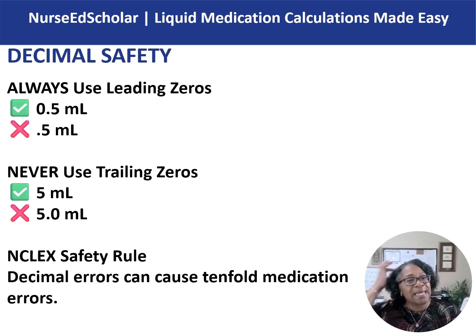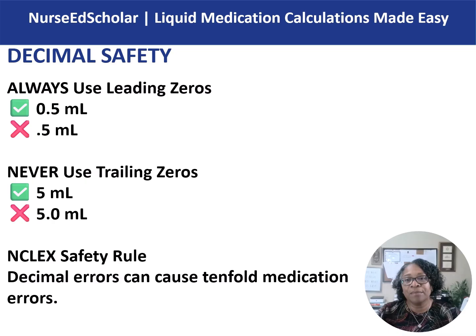Let's talk about decimals real quick. Decimal safety is very important with liquid medications. You should always have a zero before a decimal. You should never have a zero after a decimal.